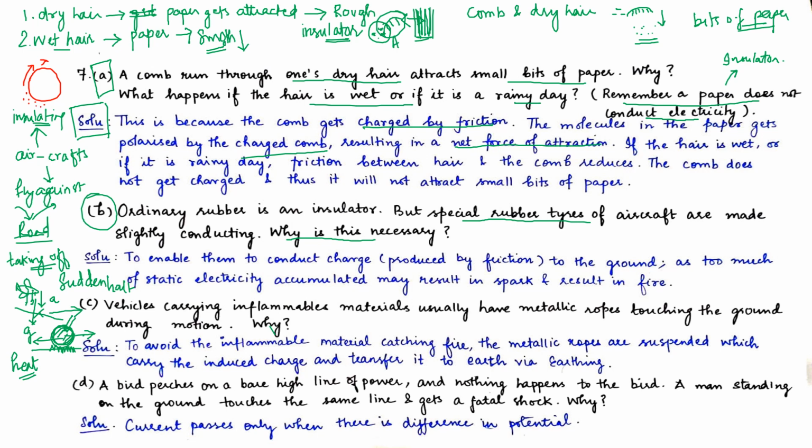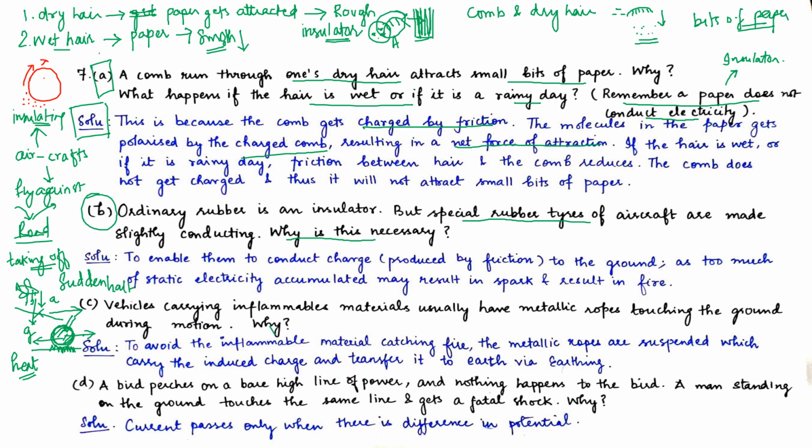Wherever the charges are coming, they will accumulate at the same point, and at a point the accumulation of charges will be so high that it will start generating heat and will burn the tire and hence can harm the aircraft and the many other people who are involved in the aircraft.